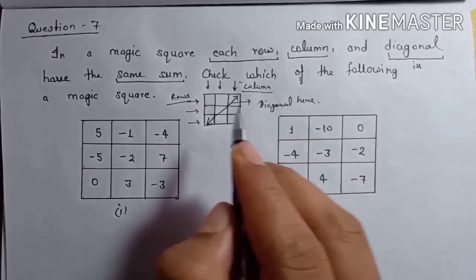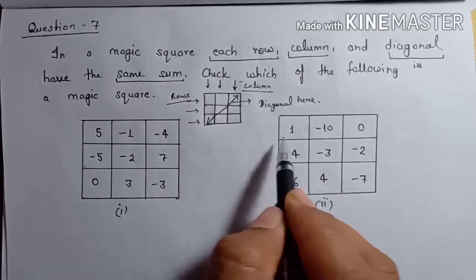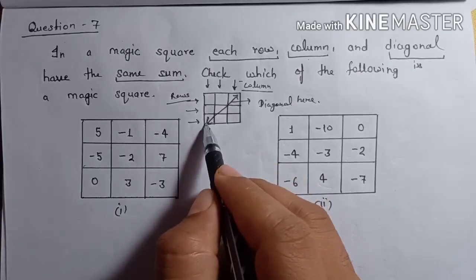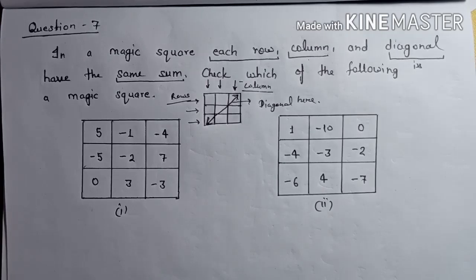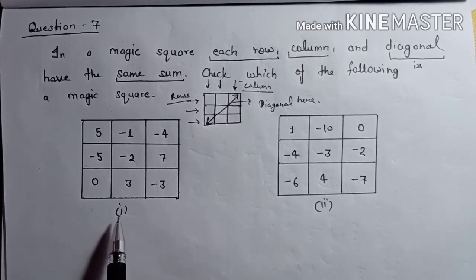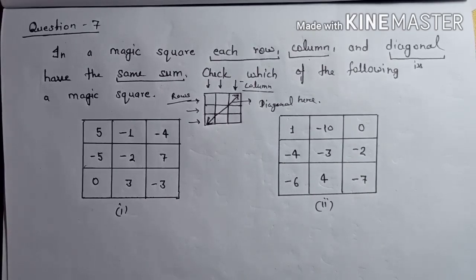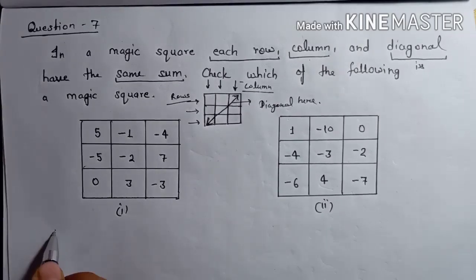So I think you got it. All vertical lines are columns, all horizontal lines are rows, and this one which is tangent is called a diagonal here. So we will check which one of the squares, or both the squares, are magic squares or not. So first check, add all the numbers of rows first.